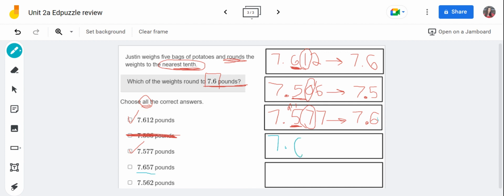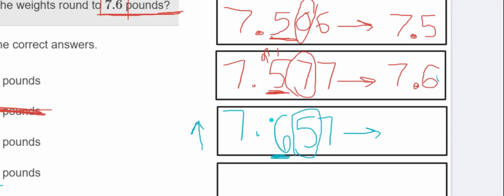7.657. Okay, I'm rounding to the tenths. I know there's a 6 in the tenths place, and then there's a 5 next door. Now, if there's a 5, am I going to round up or keep the 6 the same? That's right. I'm going to round up because 5 or more, I raise the score. So I'm going to add 1.